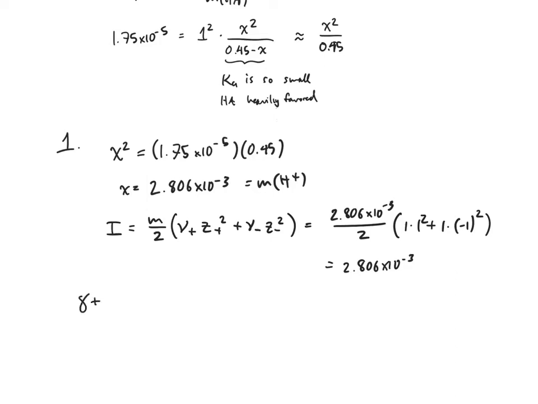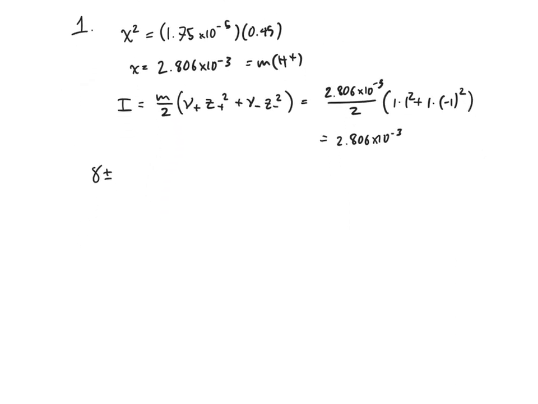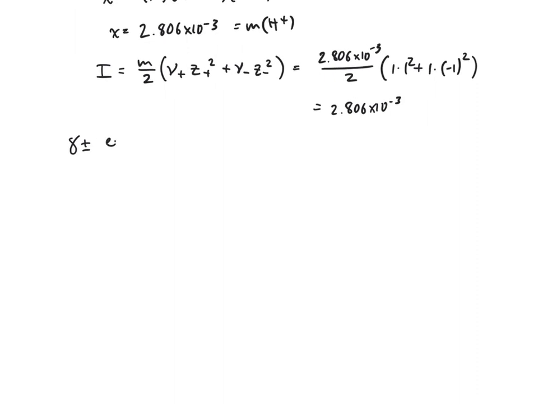Now we are going to calculate our gamma plus minus using the Debye-Huckel theory of electrolytes. This is going to be e raised to the power of negative 1.173 times the absolute value of 1 times negative 1 times the square root of 2.806 times 10 to the negative 3.